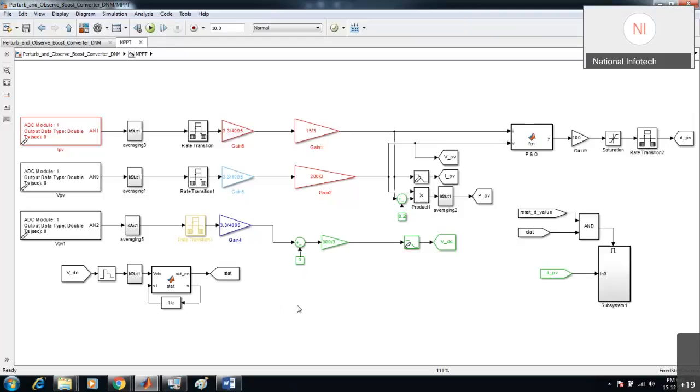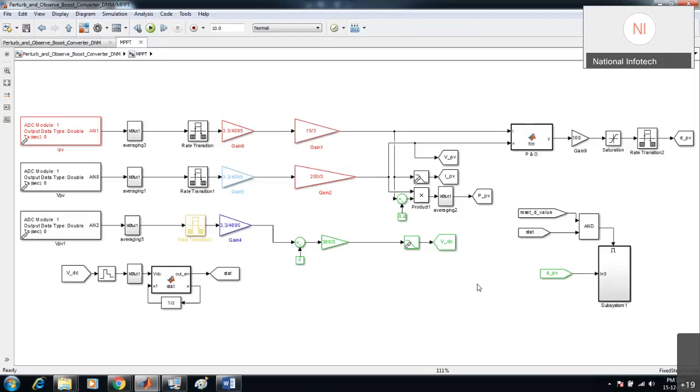In order to sense the voltage and current, we will require voltage and current sensors, which will give us a signal in voltage form representing the current or voltage, and we will give that signal to the controller.